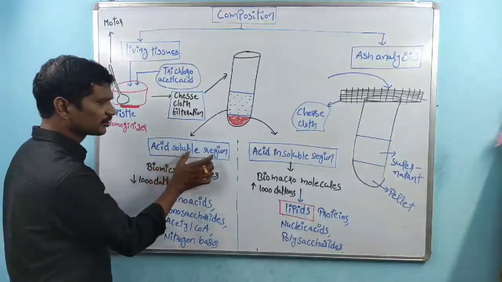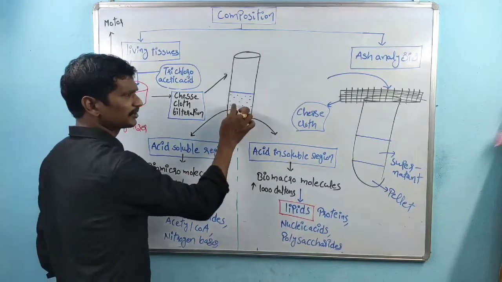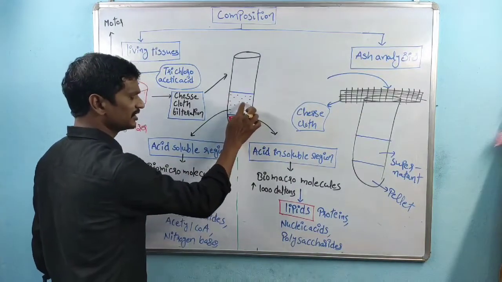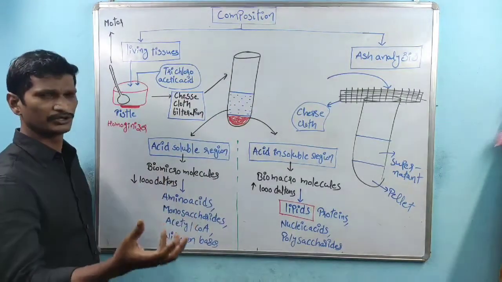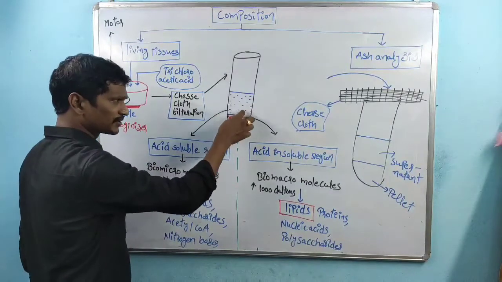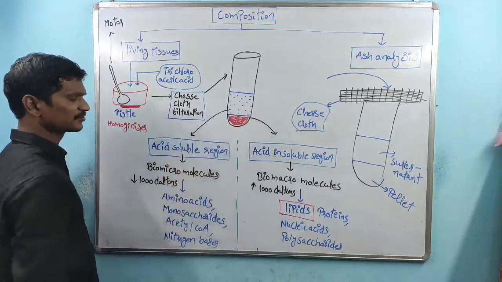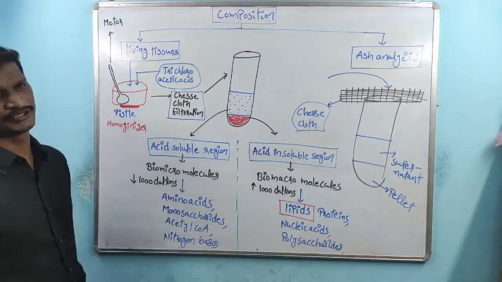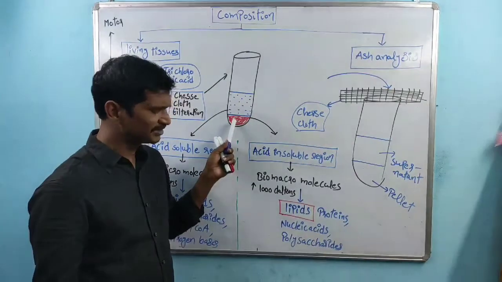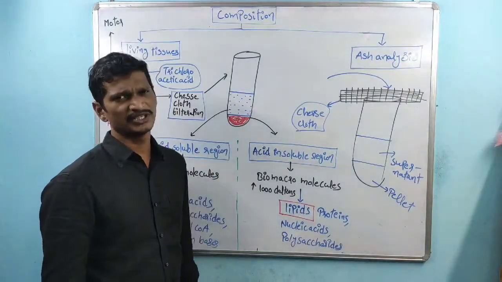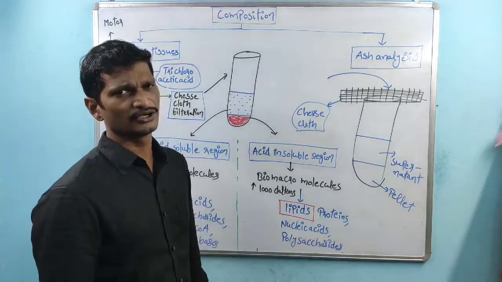Acid soluble region means whatever components are present in the upper side region are soluble components or molecules. That's the reason the upper side region is called the acid soluble region. Coming to the lower side, the components present are insoluble, which is why this region is called the acid insoluble region.